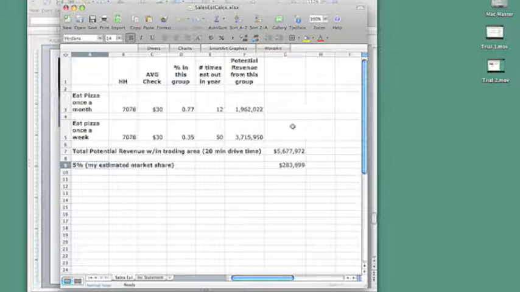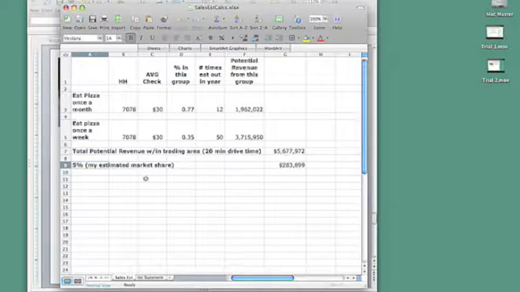So you add all that up and you come up with $5.7 million. But now remember, that's the total potential revenue in the trading area. It's not mine, but it's the total potential revenue in the trading area, on the very heroic assumption that all of my assumptions have some bearing.